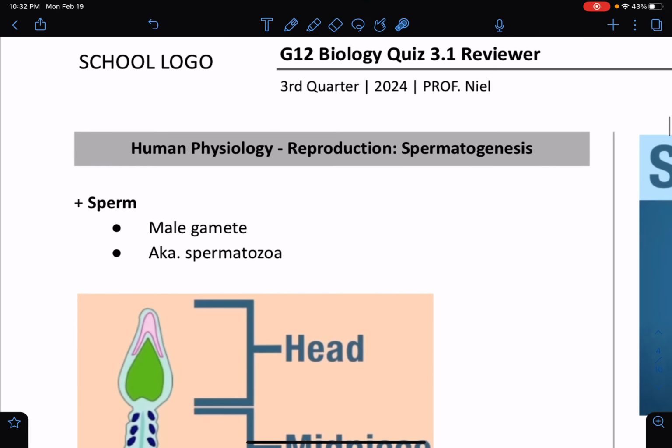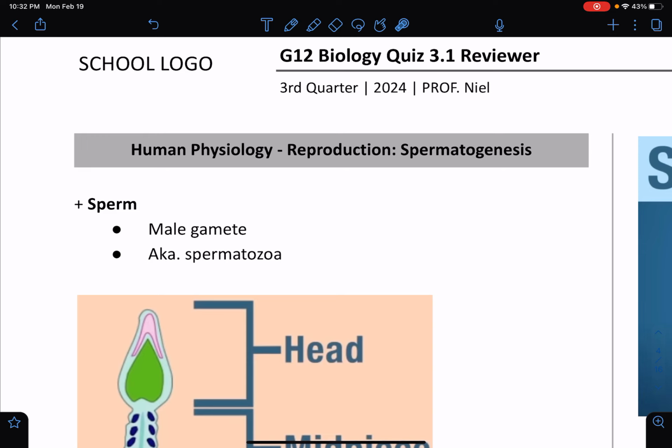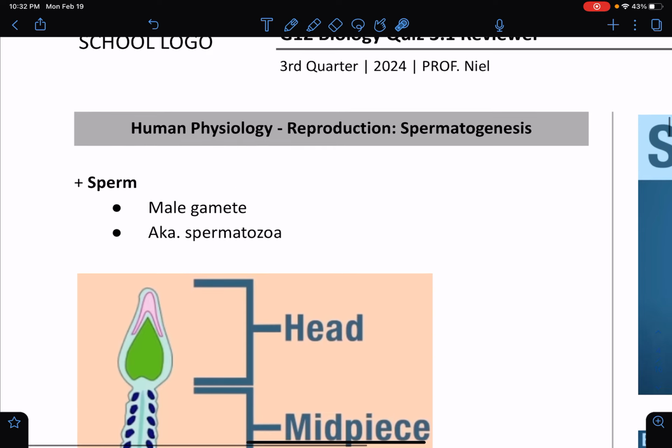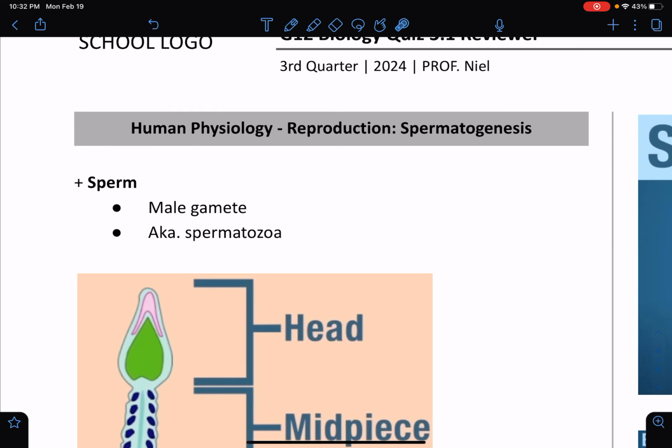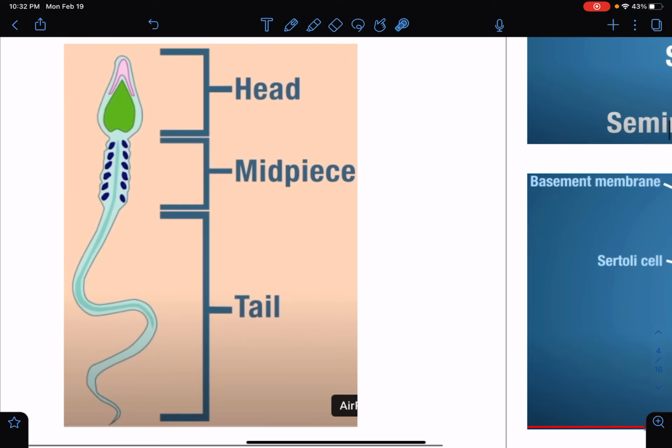Okay, now let's talk about spermatogenesis. First things first, sperm is considered a male gamete, in other words, it's called spermatozoa. For the parts of a sperm, we have the head and the midpiece.